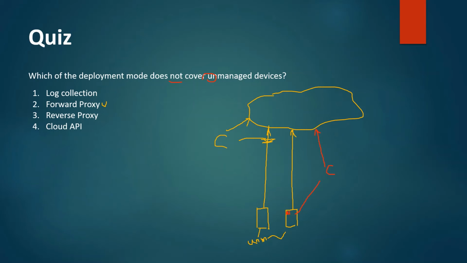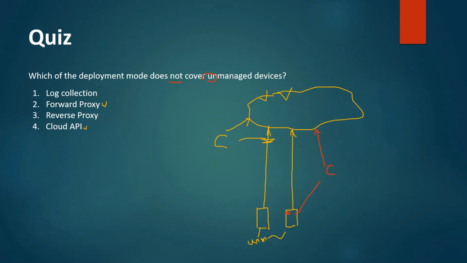And in Cloud API, though there's no traffic redirection, Cloud API has CASB capabilities very closely integrated in the cloud. So the requests from unmanaged devices could still be there, but would go through the corresponding activities once the API event is triggered.